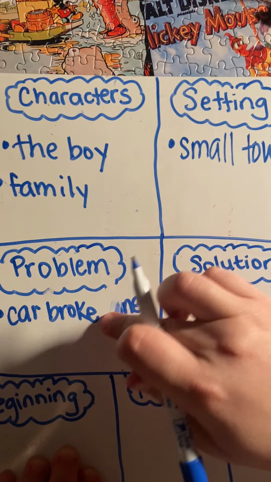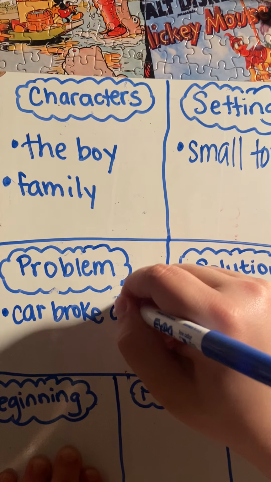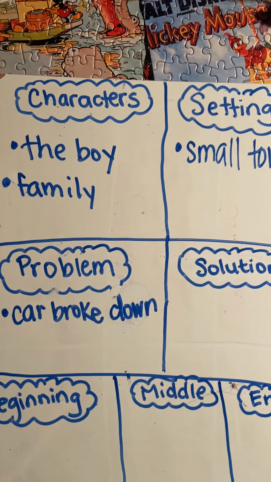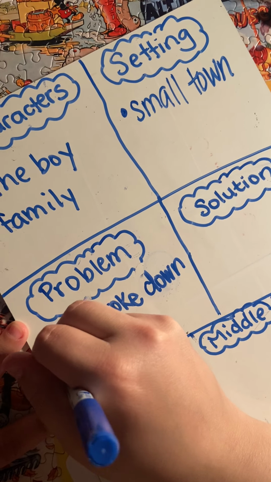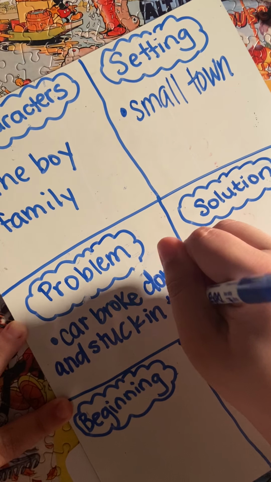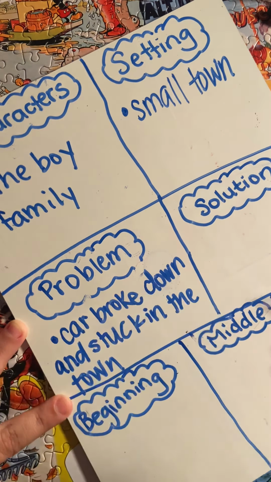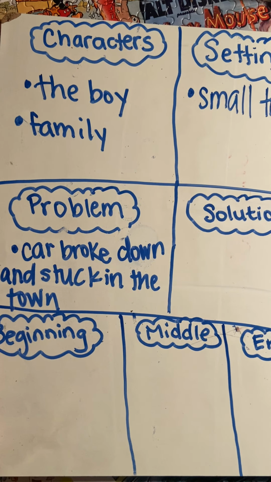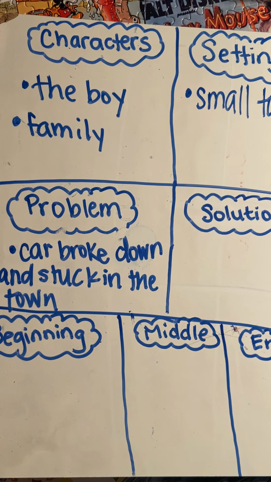We don't need to go into the details, but the car broke down and they were stuck in the town. That's a problem because that wasn't what they originally wanted to do. They were trying to go to this Wally's Wonder World amusement park, but they got stuck. Car broke down and stuck in a town. Those are the biggest problems in this story.